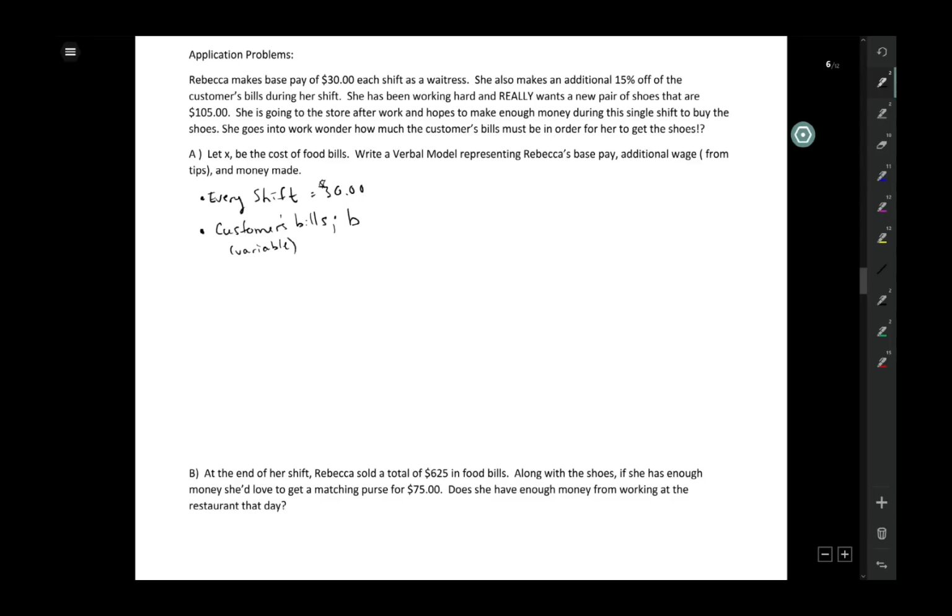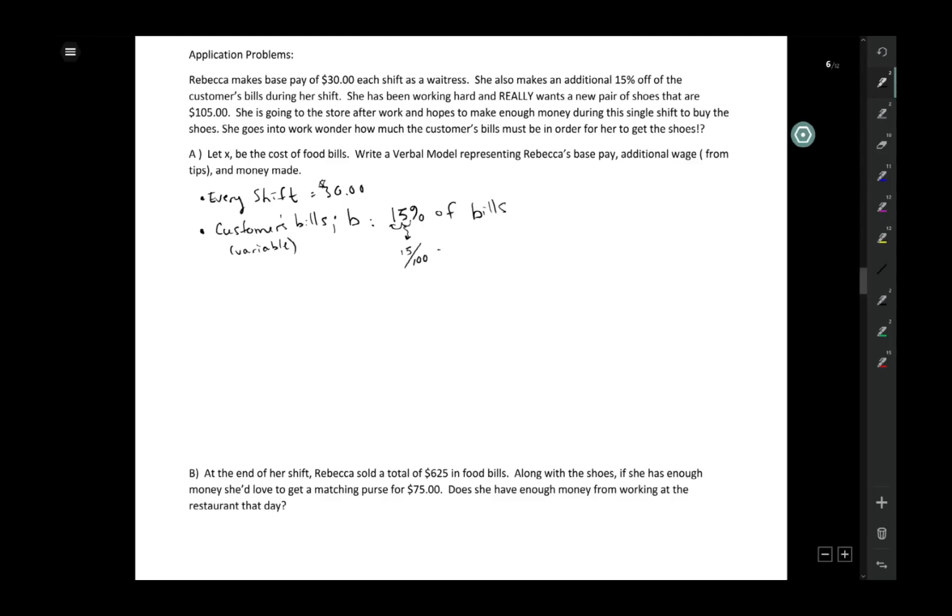And again, it can change. And she makes 15% of the bills. Now, 15%. When you need to write percentages as decimals, because that's what we'll need to do, you move the decimal point 2 spots, or you divide by 100.